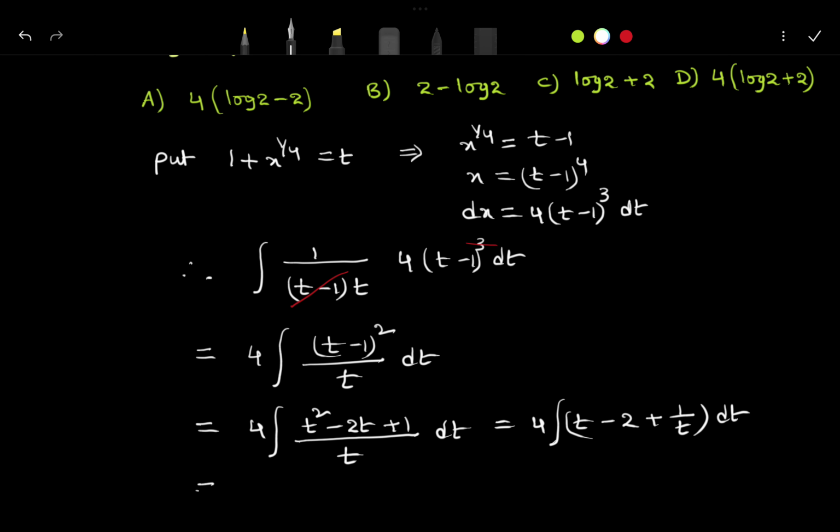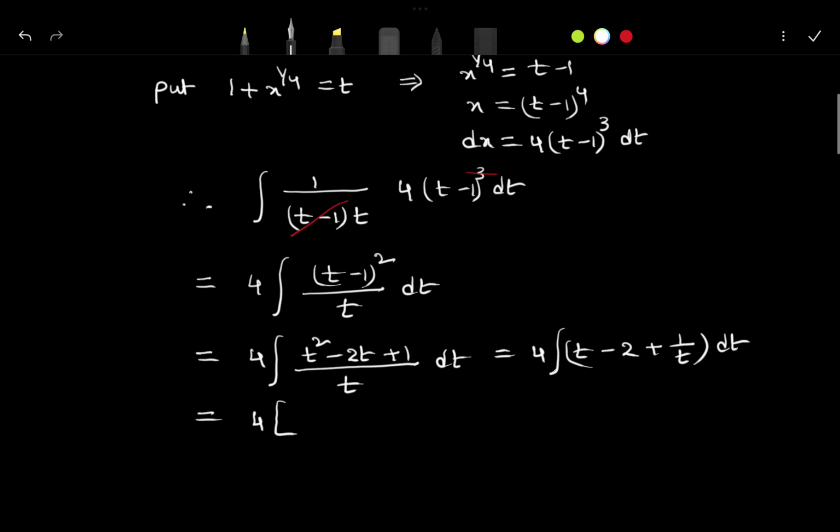After this, it is equal to 4 into t square by 2, since the integral of t is t square by 2, minus 2 into the integral of dt, which is t, plus the integral of 1 by t, which is log t.